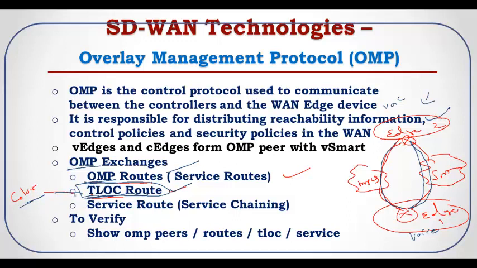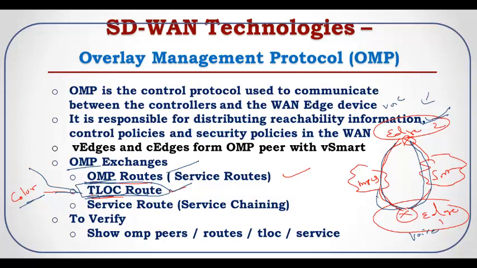We see system ID. What is system ID in TLOC? To go to edge 2, edge 2 is a system ID from edge 1. To go to edge 2, go by MPLS. That's the color. That's one of the pieces of information in TLOC. And you should use IPsec, not GRE.